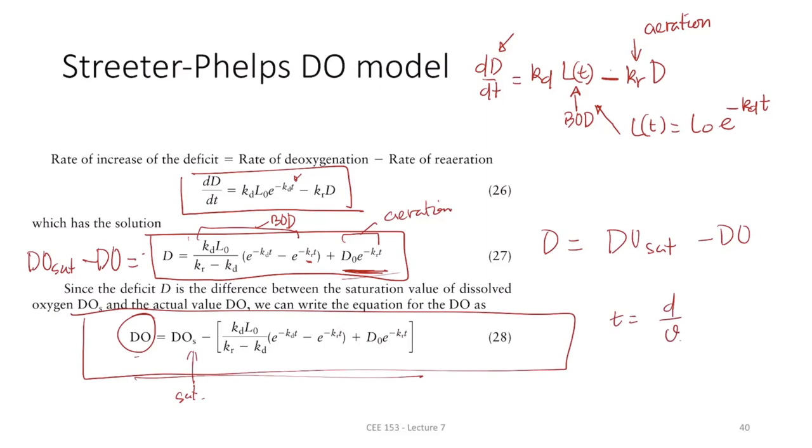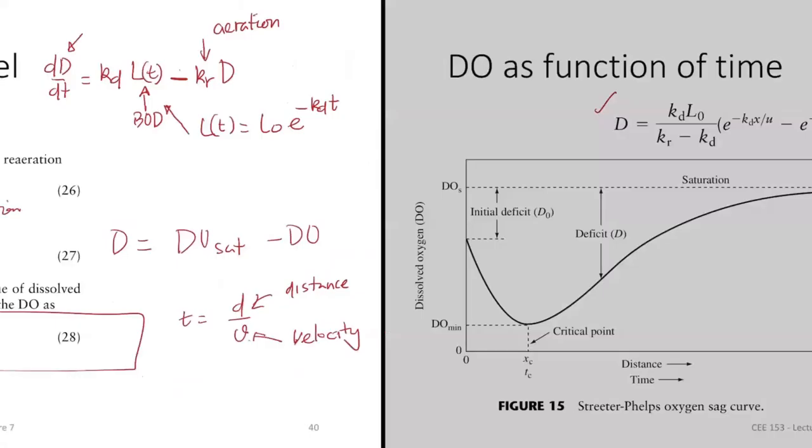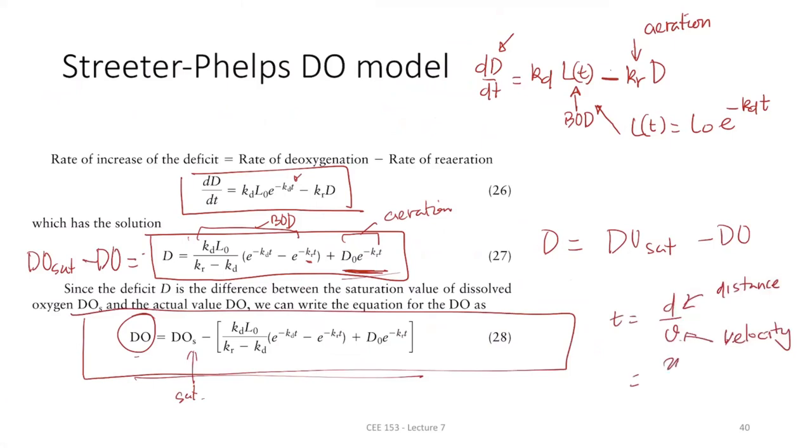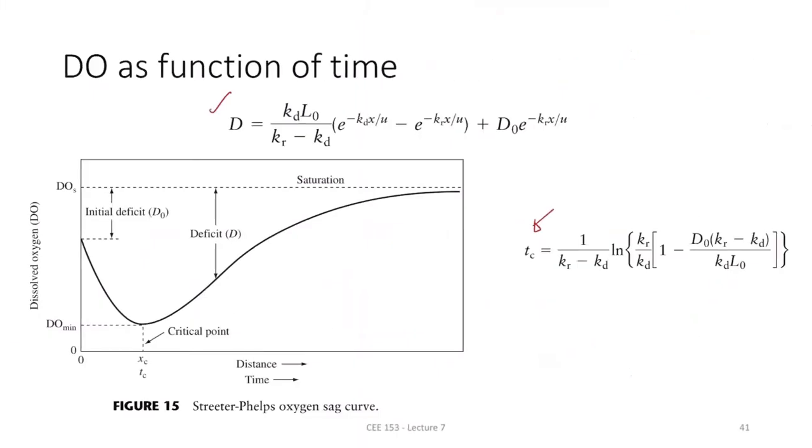Sometimes people write u; in fact, this is written u. So t equals x by u, where x is the distance from the mixing point. I'm going to write u here because that's written in the next slides. If you substitute t equal to x by u, you can get the value over here.